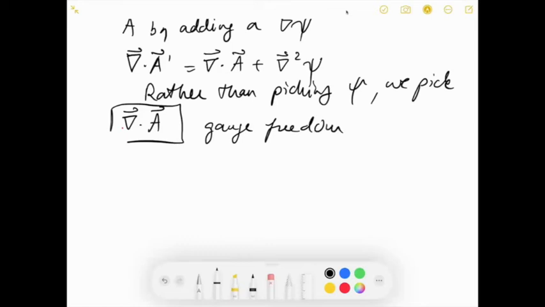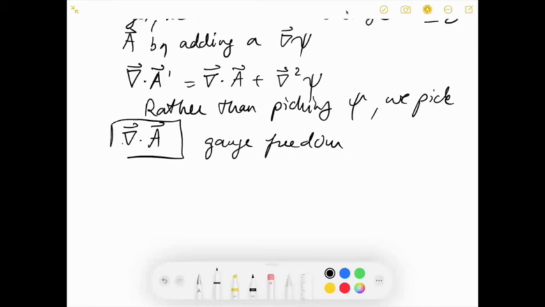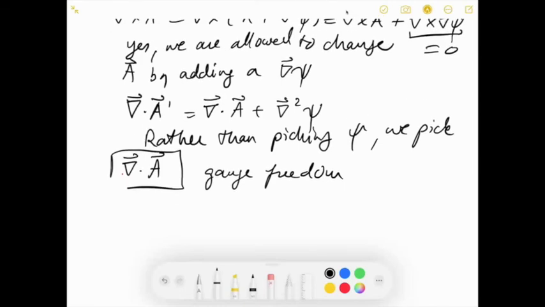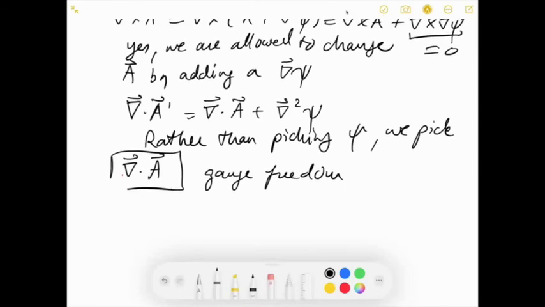That we can take the divergence of A and we can make it look like anything, as long as it follows this rule that it needs to look like something that is the Laplacian of psi. But we can formulate that in terms of the divergence.